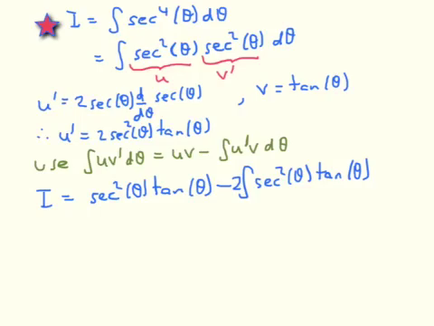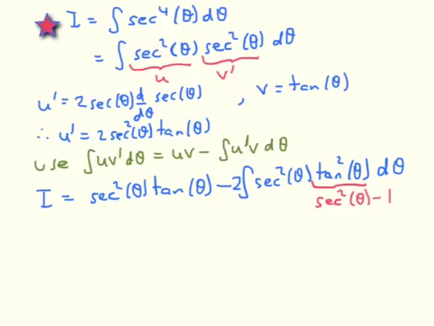V is tan theta, so we're going to multiply here by another tan theta, and tan theta times tan theta is tan squared theta, with respect to theta. So we look at our new integral here, and again we think we can rewrite tan squared theta as sec squared theta minus 1.